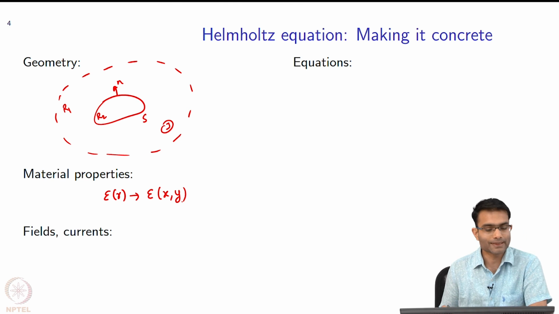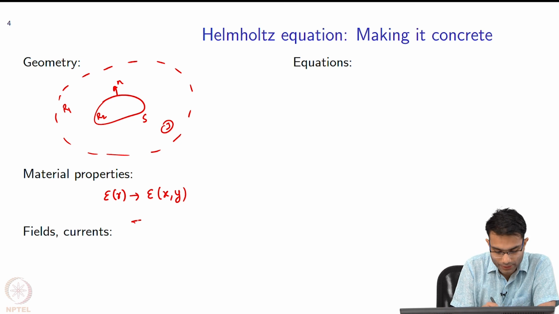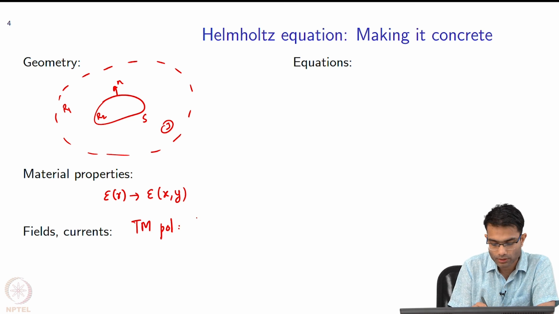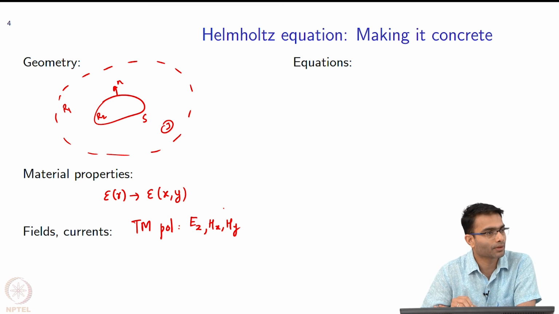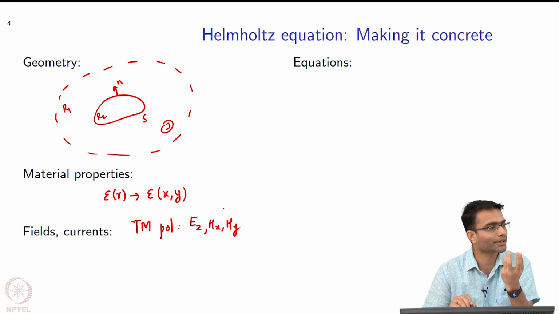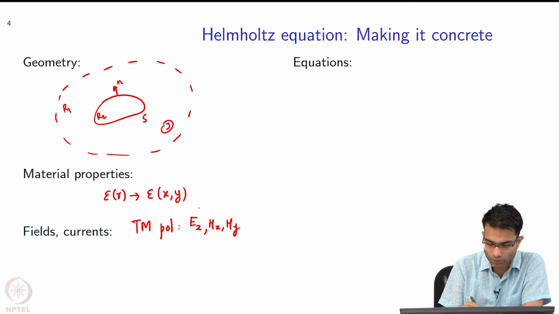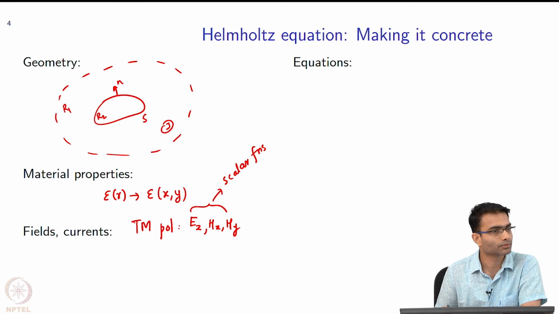Right. Now, the fields and the currents. So, we are working with the TM polarization, right, for which Ez, Hx and Hy, this is what we said. Now, each of these 3 quantities are scalars, right. Ez is the z component of the electric field, so it is a scalar function, right. So, all of these are scalar functions. Okay.